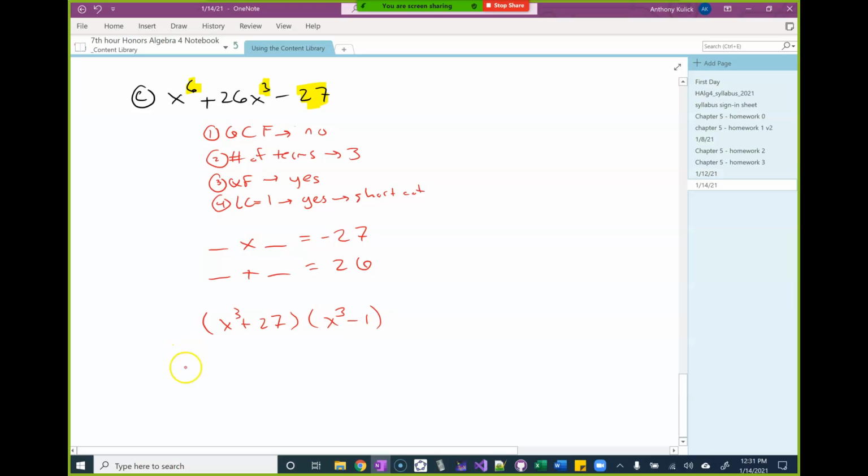X cubed is x to the 3rd. 27 is 3 to the 3rd, so it definitely fits the pattern. So the sum of 2 cubes factoring pattern is this. So when we put this together, we have x plus 3 times x squared minus 3x plus 9.